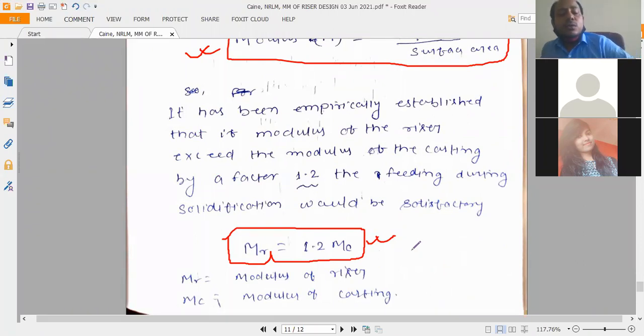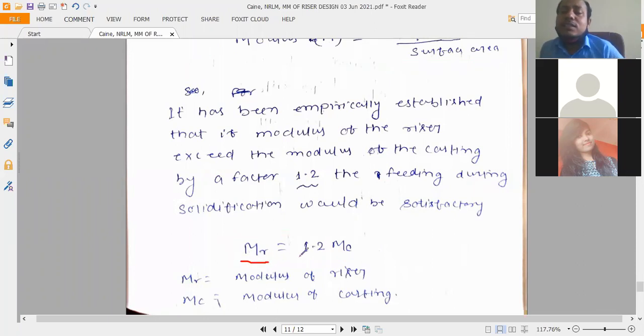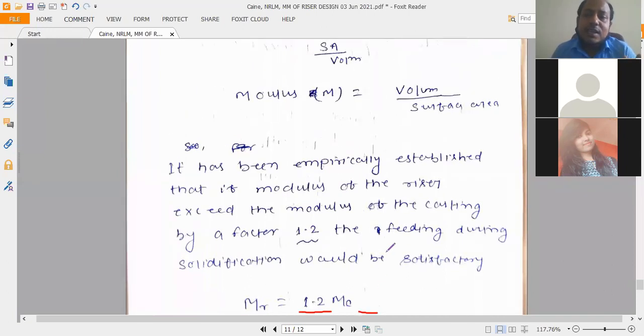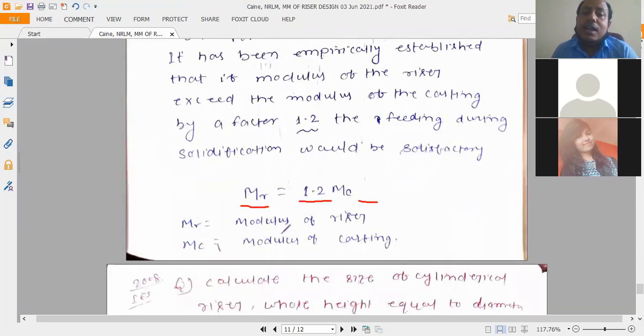So you have to remember the second thing, that the modulus of riser is equal to 1.2 times the modulus of casting. So the two things you have to remember in the modulus method: the modulus is 1 by cooling characteristics, meaning it is the reciprocal of cooling characteristics, and the other thing is that the modulus of riser is equal to 1.2 times the modulus of casting.